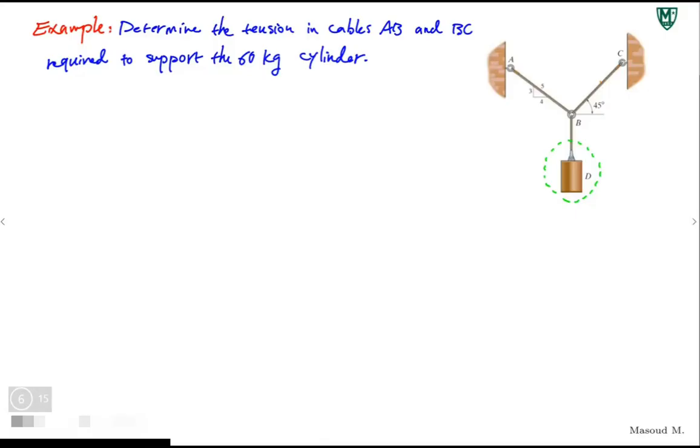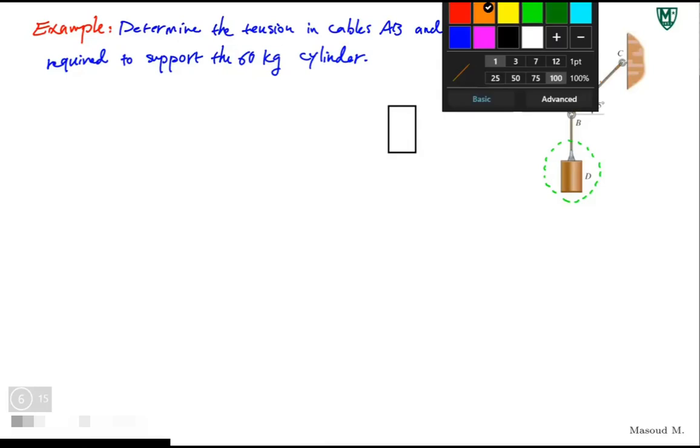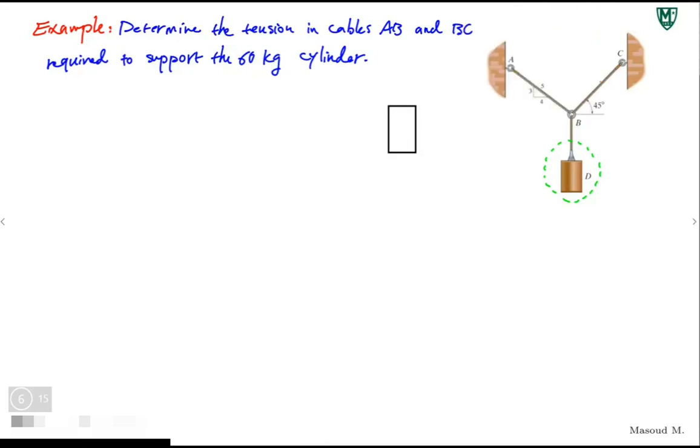In this case, let's draw the free body diagram here for this cylinder. This is just the cylinder. What forces are applied to this cylinder? If I isolate that, what forces do I have to put on this isolated part out of those four forces? Weight and cable force. Exactly, Diego.